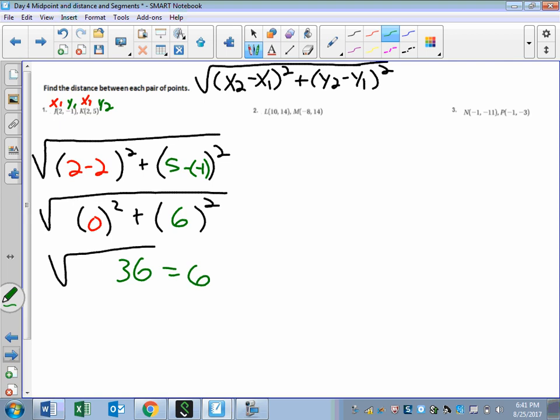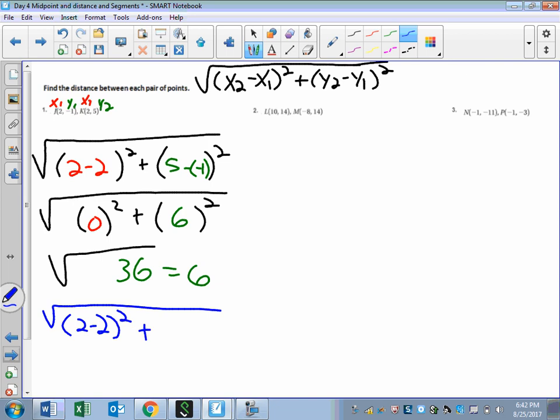Now, I labeled x1, y1, x2, y2 for you, but if you wanted to, you could label it the other way. It's not going to matter for the x's because the x's are both 2. But if we change the order for the y's, it's still going to be 2 minus 2 for the x's.